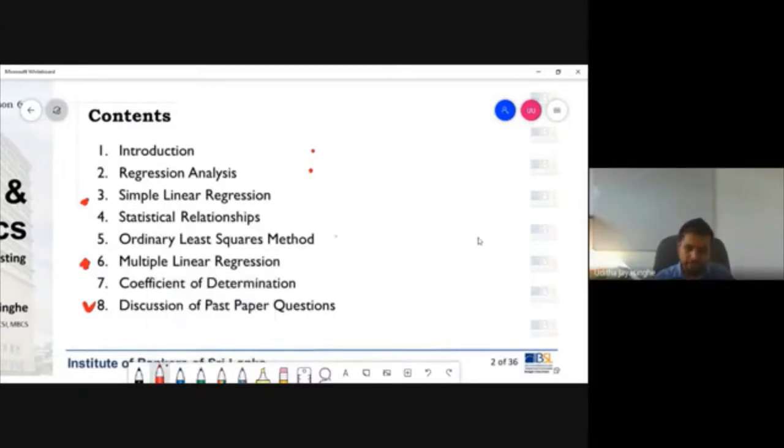This method in subject area 5 that we are going to discuss is the only method that we have to learn under today's lecture. We call it the ordinary least squares method or OLS method.